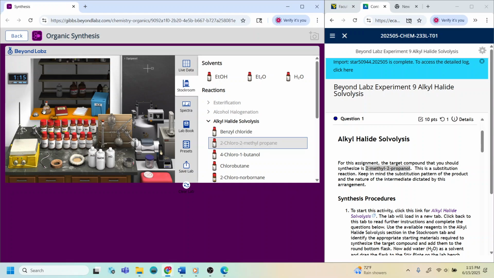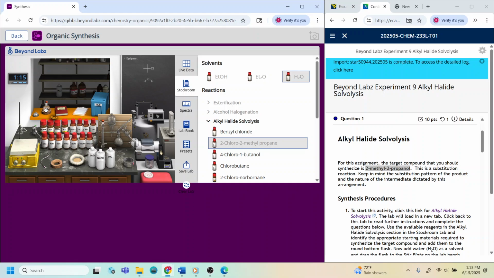We can hover over the contents of the flask and see it in the window: the tertiary butyl chloride, the common name for 2-chloro-2-methylpropane. And then what we need from here is the water, because it's a solvolysis reaction, right? If we hover over our flask, we're going to see we have both the tertiary butyl chloride and the water in there.